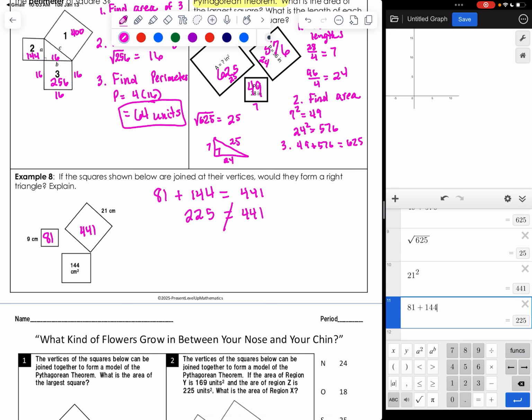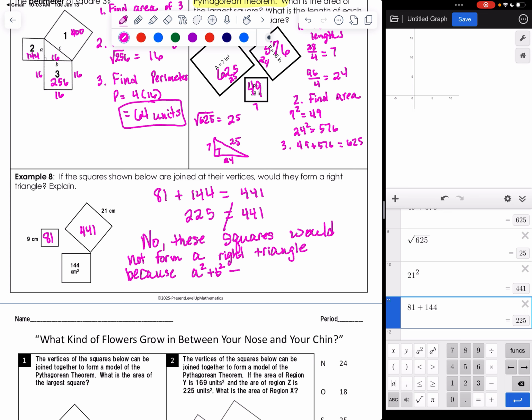No, they're not equal. So no, these squares would not form a right triangle because a squared plus b squared does not equal c squared.